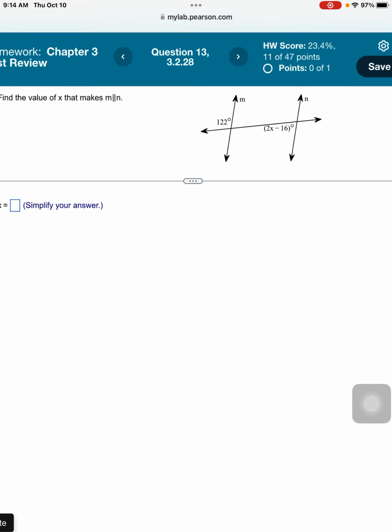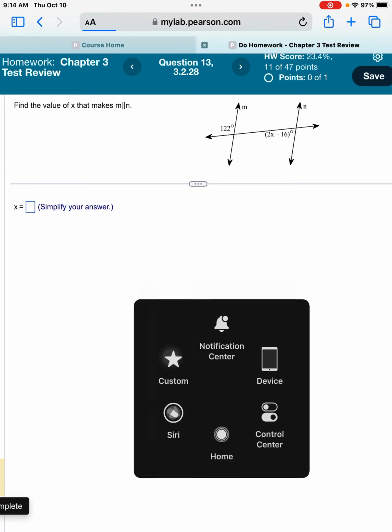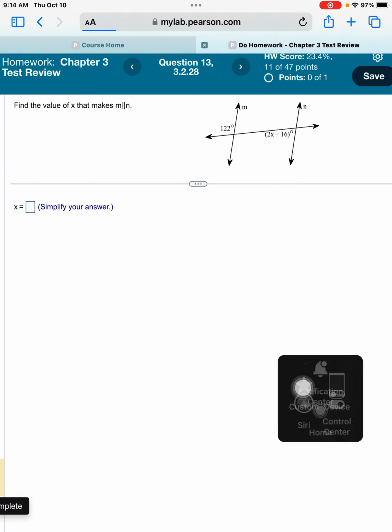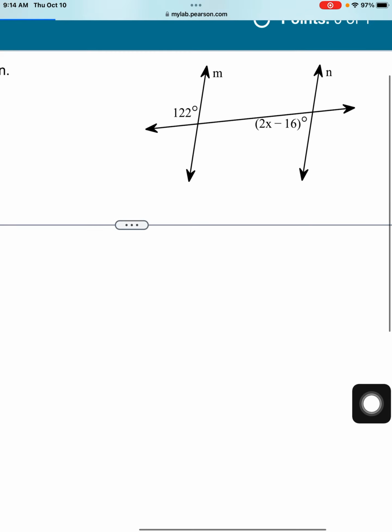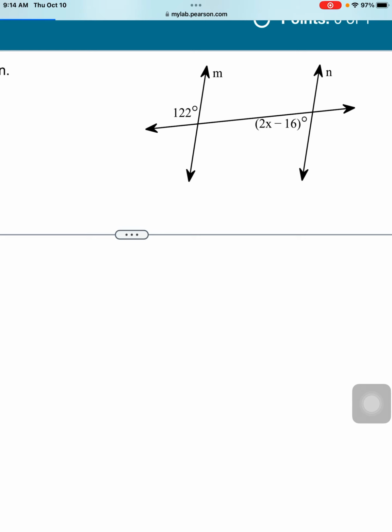Okay, find the value of x that makes M and N parallel. Okay, so now M and N, I wish there was a way that I could write on this, but whatever. So if we take a look at 122 and M, I'm going to take a picture of this and go on the other page.